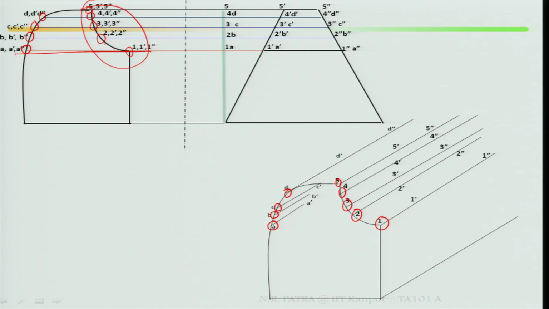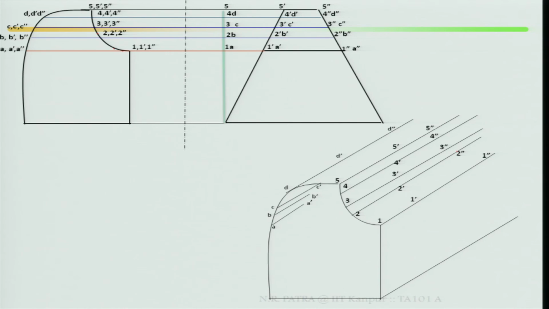Then once you finish up your front face, then in the depth directions, take 1, 1 prime, 1 double prime. Look at here, 1, 1 prime and 1 double prime, 2, 2 prime, 2 double prime.